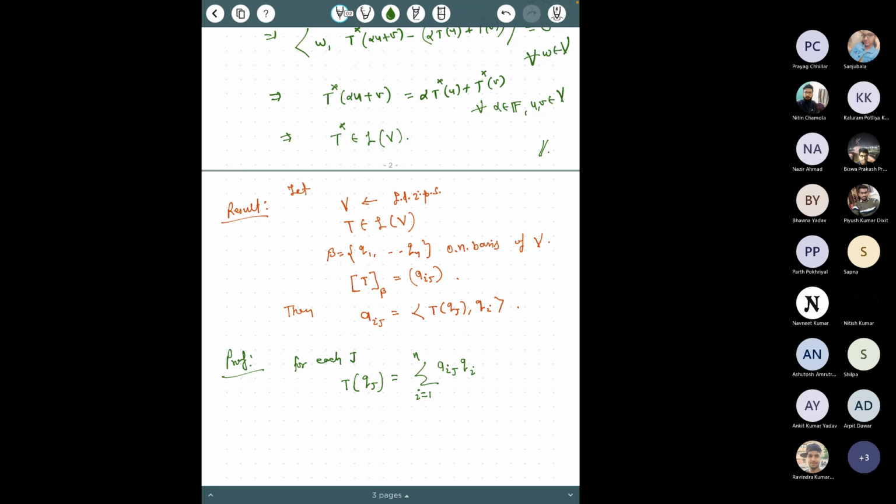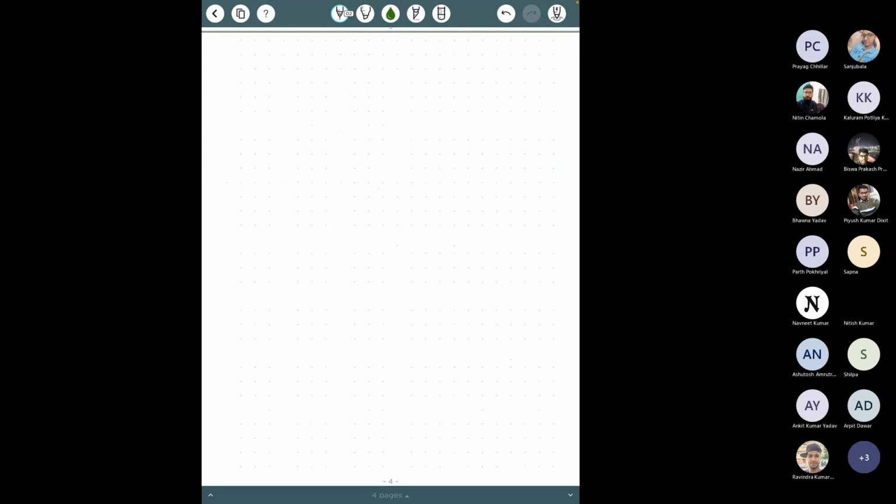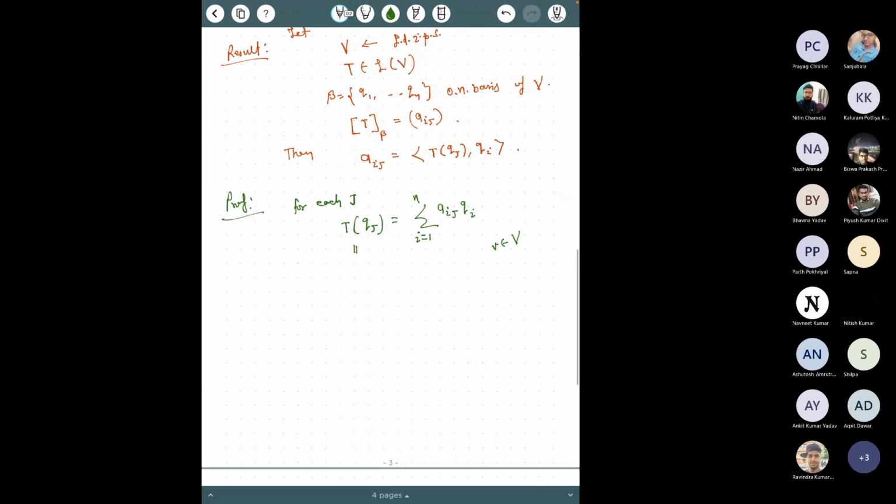We have an orthonormal basis for this, and therefore we know that this T of Qj we can also write. You remember, if we have a vector v in V and an orthonormal basis, then this vector v can be written as the sum of inner product of v with Qi times Qi.